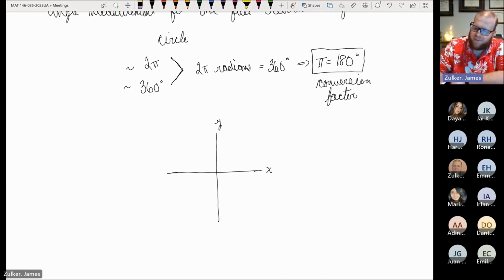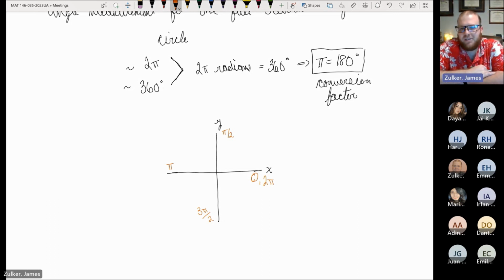All right, that means the positive x-axis is going to represent 0 radians. The positive y-axis represents pi over 2. Negative x-axis represents pi. Negative y is 3 pi over 2. And then when we come back to the positive x, we're back at 2 pi.